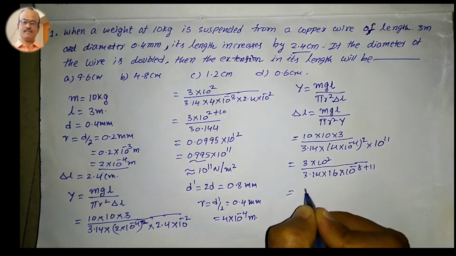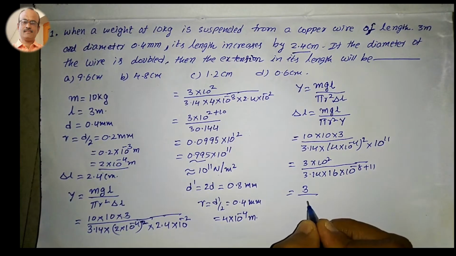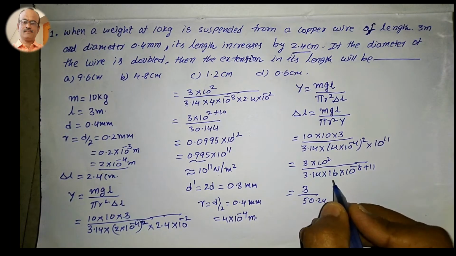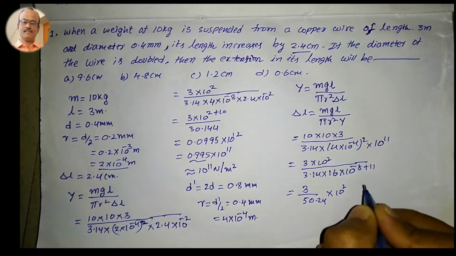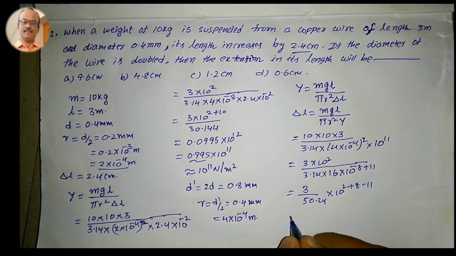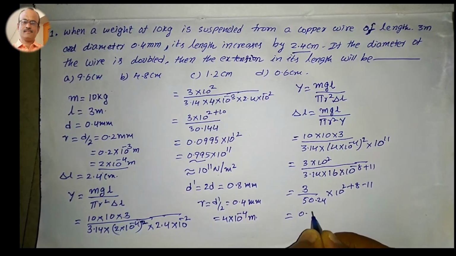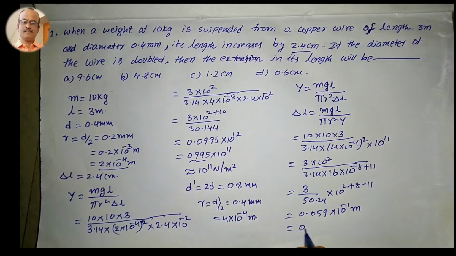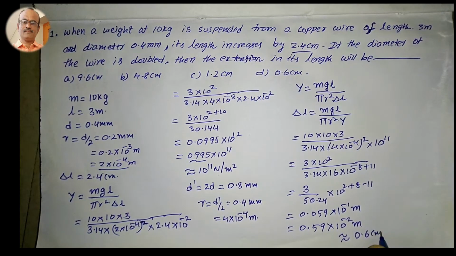On simplification, 3 divided by 50.24, into 10 square plus 8 minus 11. We get 0.059 into 10 to the power of minus 1 meters, that is 0.59 into 10 to the power of minus 2 meters, or nearly 0.6 centimeters.